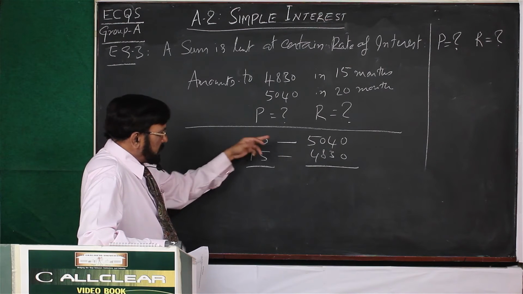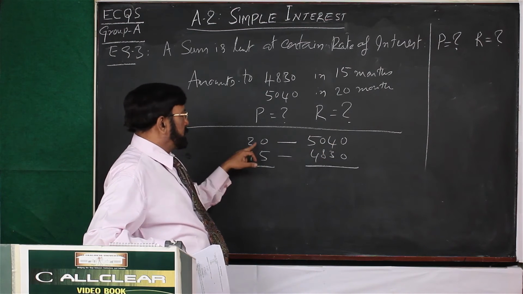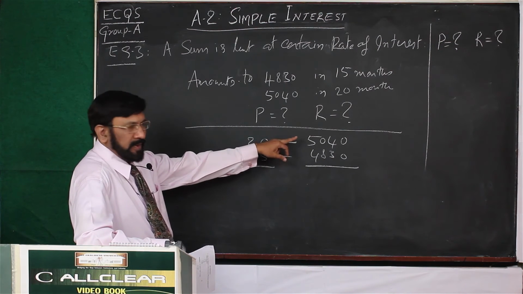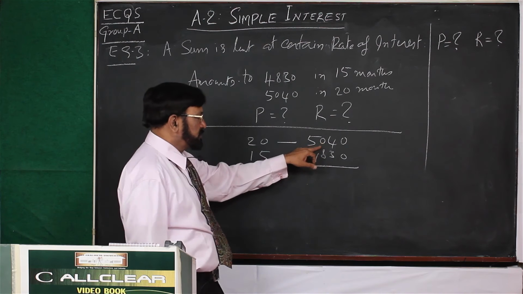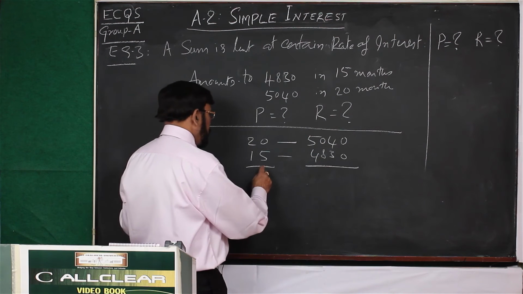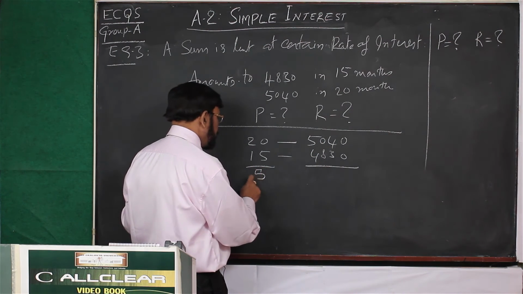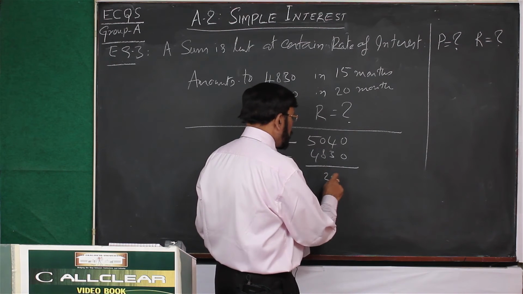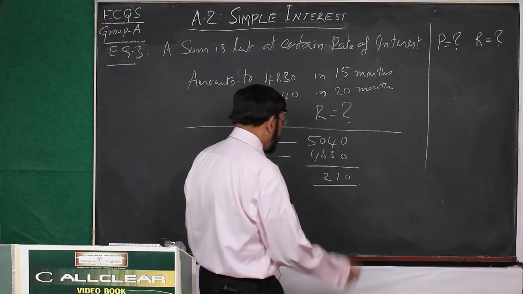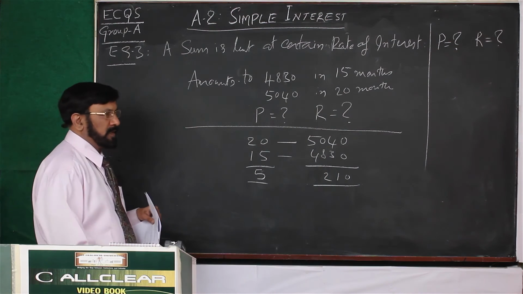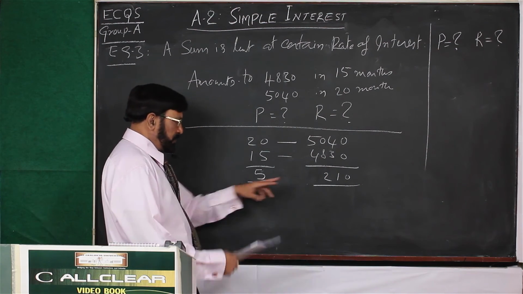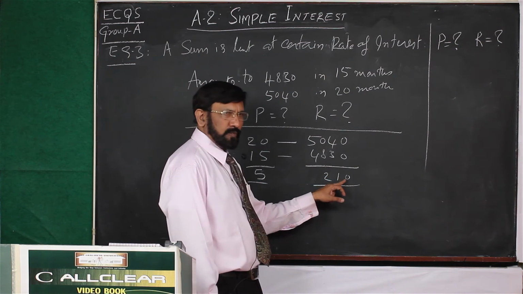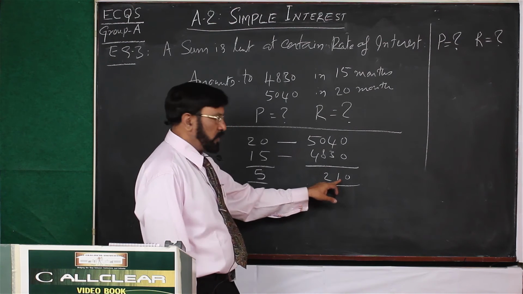Why has it become 5,040 in 20 months? It means interest is added. Interest is added to this, that's why it has increased. So, let us find out the interest accrued for 5 months. Then it comes to 210 rupees. So, whatever may be the principal, on that in 5 months the interest accrued was 210.